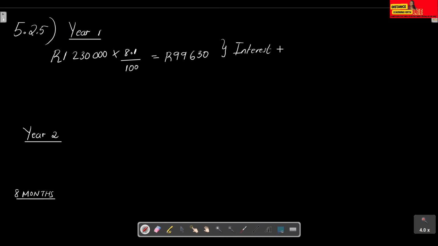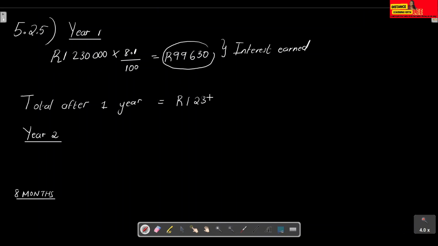This is the interest earned in the first year, meaning that the total he now has after 1 year, how much will it be? Because this value just gives us the interest. It'll be the initial amount that he had of 1,230,000 plus the interest that he earned of 99,630.